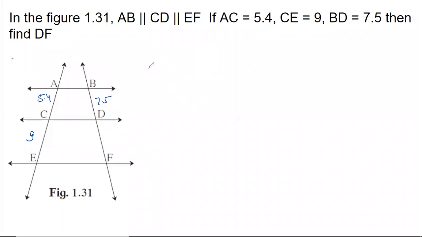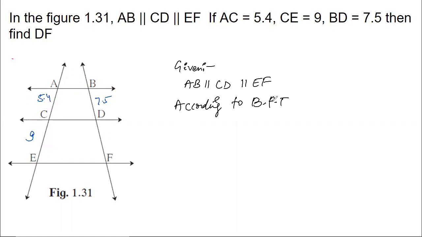So in this scenario, let's first write the given: AB is parallel to CD, which is parallel to EF. Now, according to BPT, the basic proportionality theorem, AC upon CE equals BD upon DF.